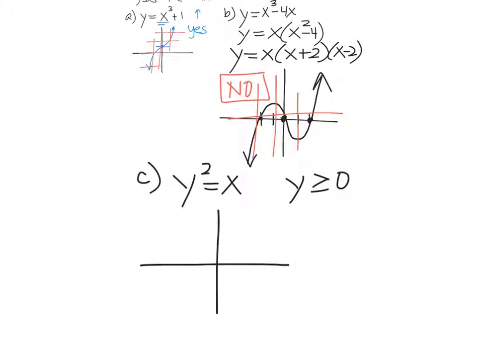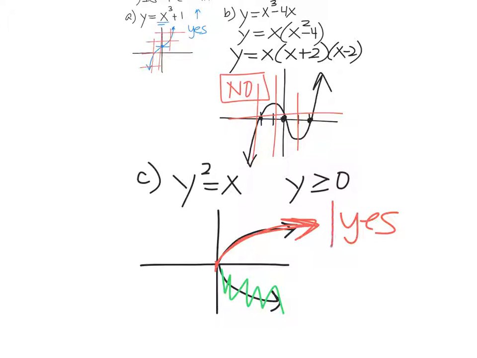Yeah, sideways parabola. It's this and this, except that it's just the top. It's just when y is greater than or equal to 0. So I can get rid of that part. It's only the top. Now, if I'm just looking at this one right here, I'll draw it in red. Is that one-to-one? Yes, it is.